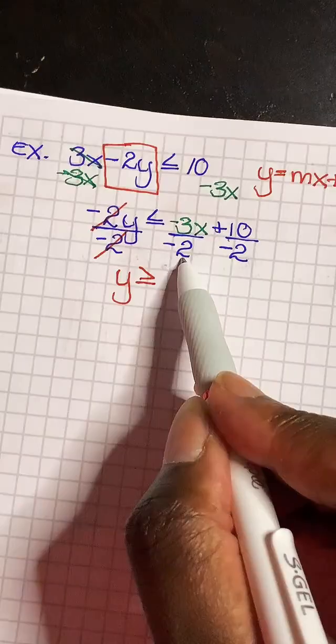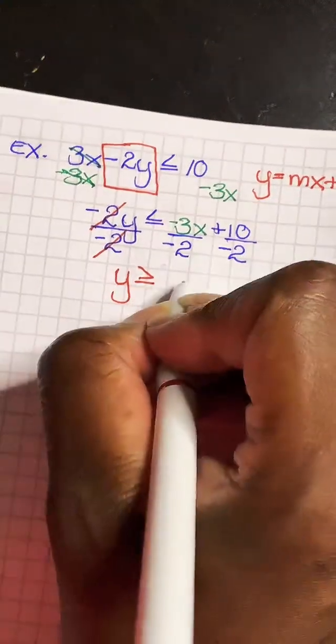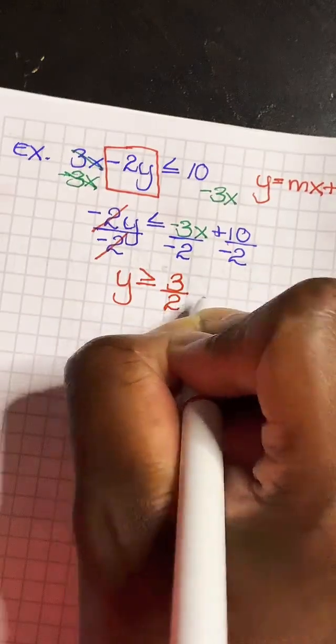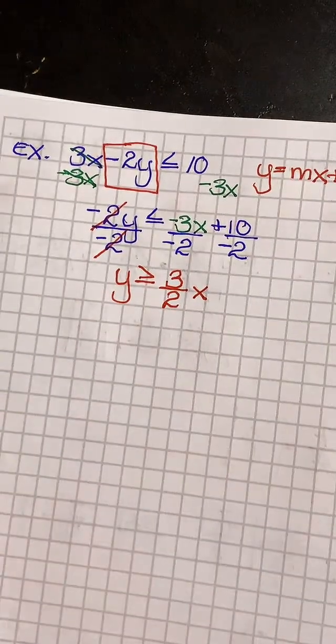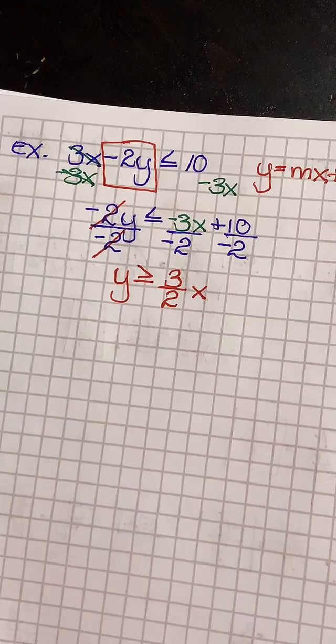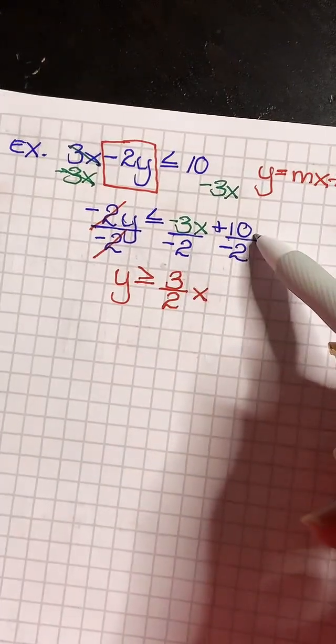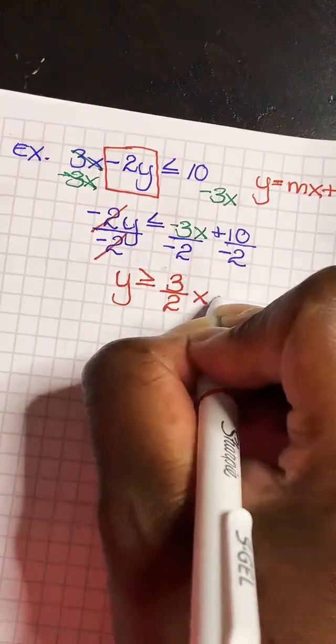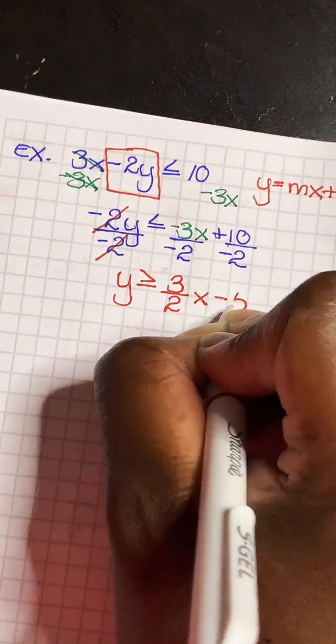-3 divided by -2 gives me a positive 3/2. And then 10 divided by a -2 gives me a -5.